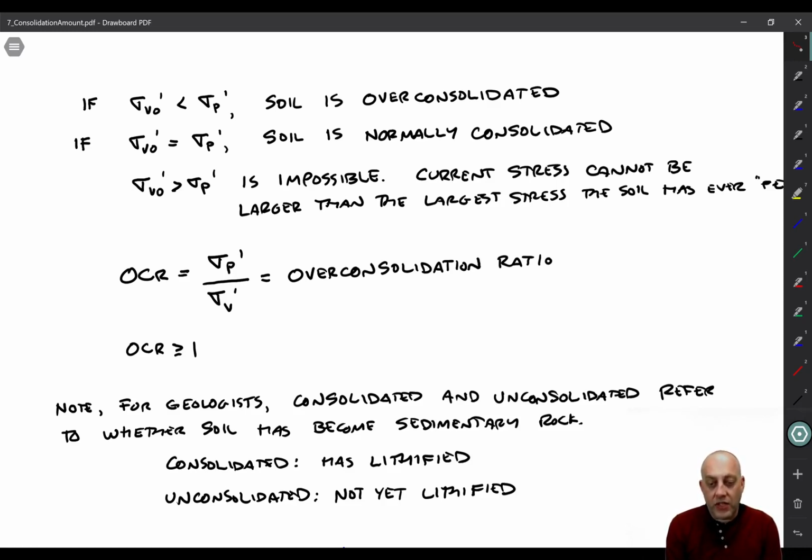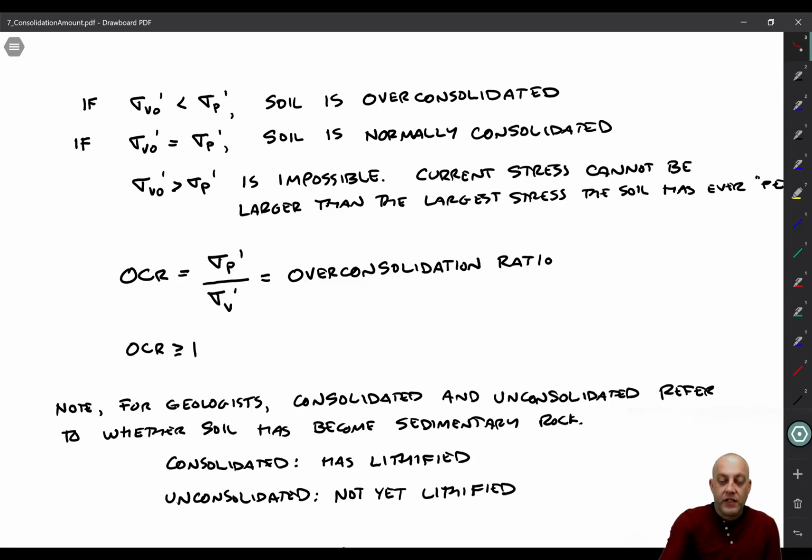So geologists don't actually use the terms overconsolidated and normally consolidated. They use the terms consolidated and unconsolidated. And what they mean is not related at all to what we mean. So our definition in soil mechanics of overconsolidated and normally consolidated, totally different thing. I've seen people have misunderstandings about this, so I just want to mention it.